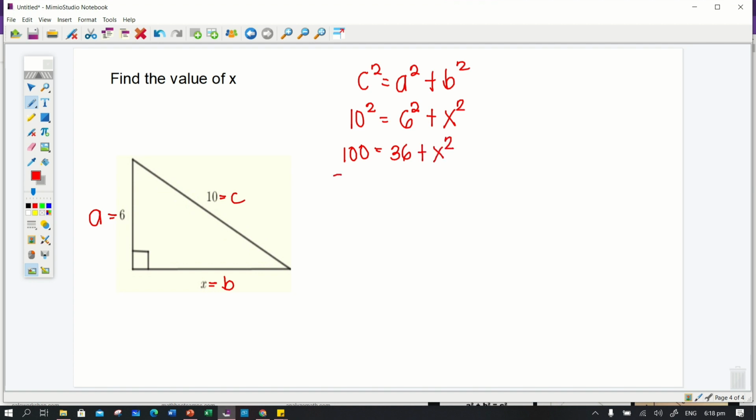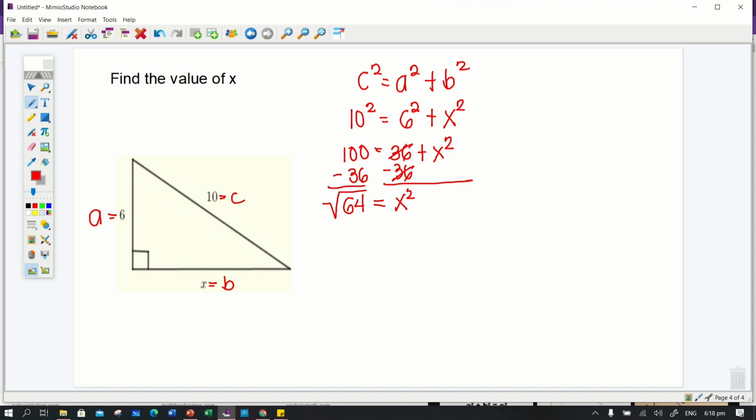Applying the subtraction property, we will subtract both sides of the equation by 36. So 100 minus 36, that is 64, is equal to 36 minus 36, that produces 0 pair, and bring down x squared. Since we're looking only for the value of x, we're going to apply extracting square root.